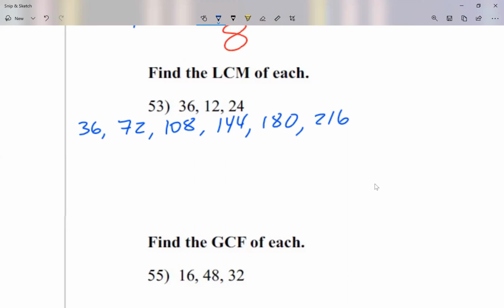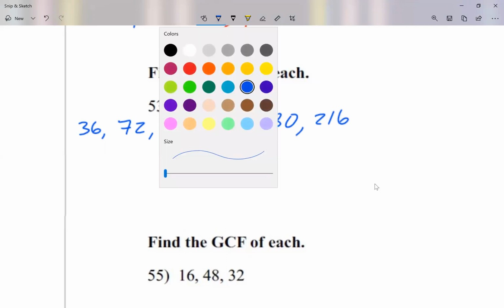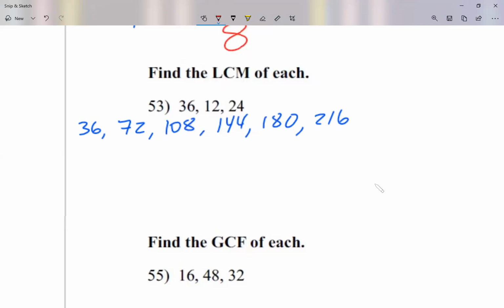Let me stop there. Now let me use red for the multiples of 12. I'm going to start at 12, and then I'm going to increase by 12.